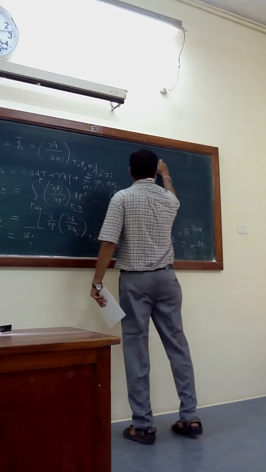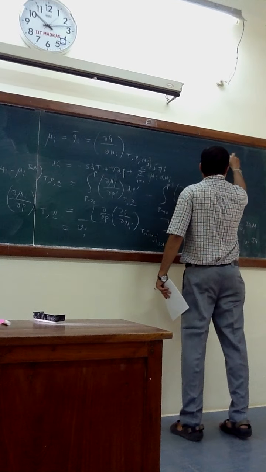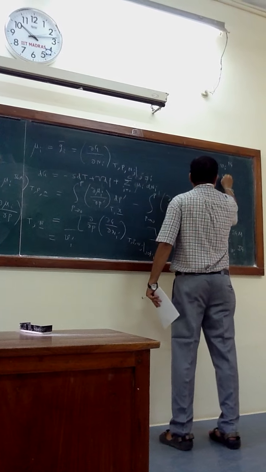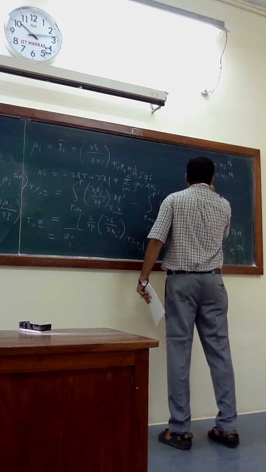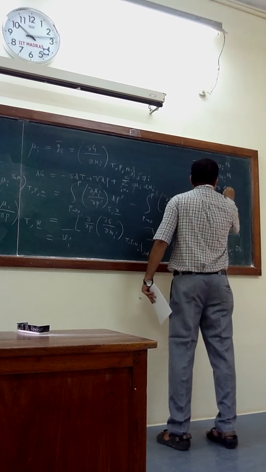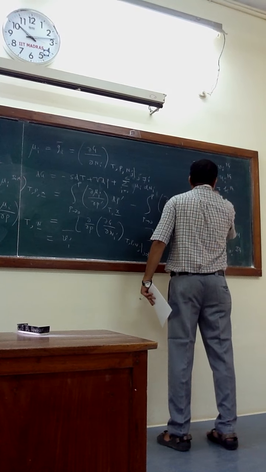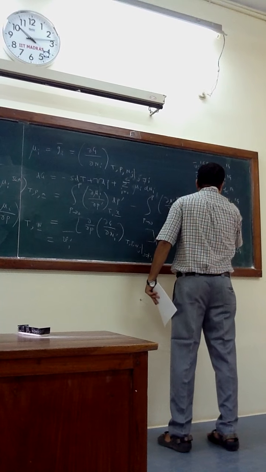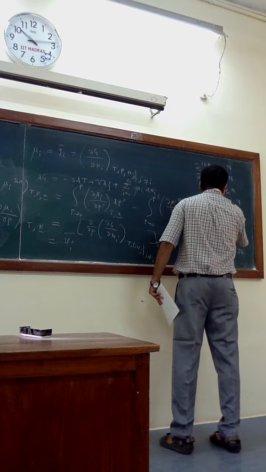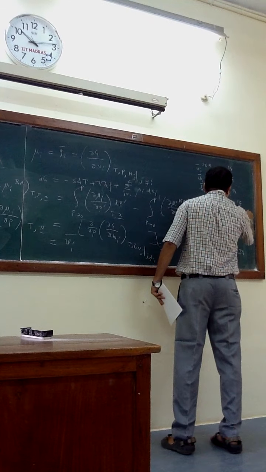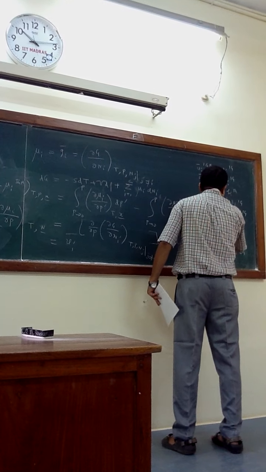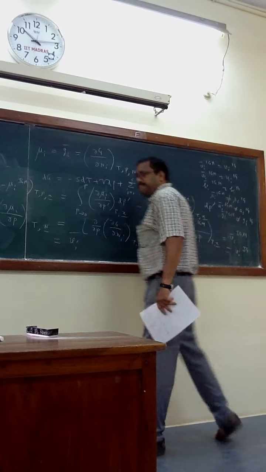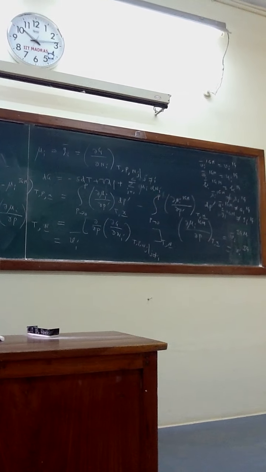So what we knew earlier: V̄i^IGM equals Vi^IG, Ūi^IGM equals Ui^IG, H̄i^IGM equals Hi^IG, but S̄i^IGM is not equal to Si^IG, and Āi^IGM is not equal to Ai^IG, and Ḡi^IGM is not equal to Gi^IG. Right?